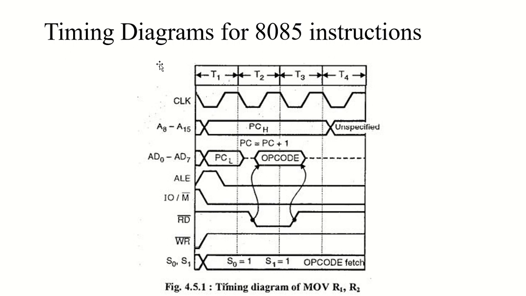But the timing diagram is used for a specific purpose, like moving my content from register RC to register RB. So a specific register is targeted. Machine cycle is generalized, timing diagram is not generalized. It is specific.